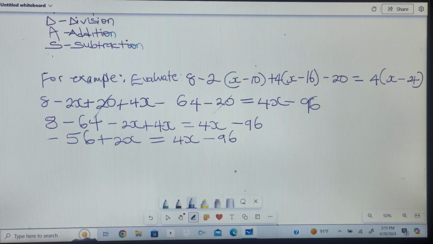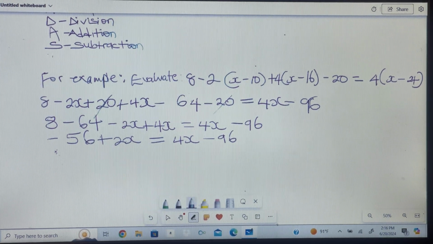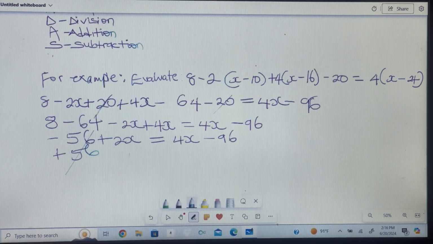So now, what next to do? The term that has x has to be free. To eliminate the constant and leave the x alone, you add 56 to both sides; whatever you do on the right side, you do on the left side. So plus 56, this cancels out. We have only 2x now.